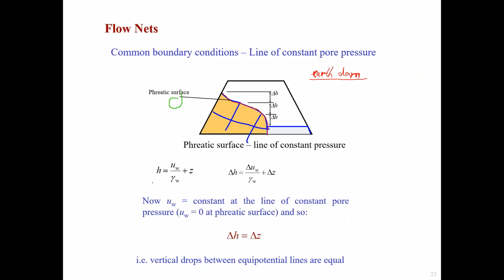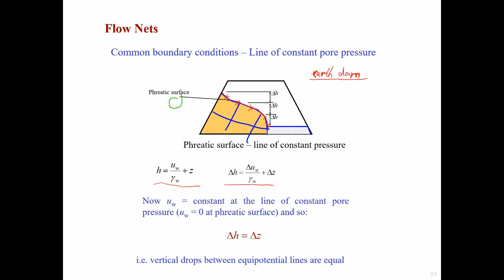And now, since we have the total head formula, any increment delta H equals delta uW divided by gamma W plus delta Z. So this formula is also valid. Because at the phreatic surface, the pore water pressure will be zero.